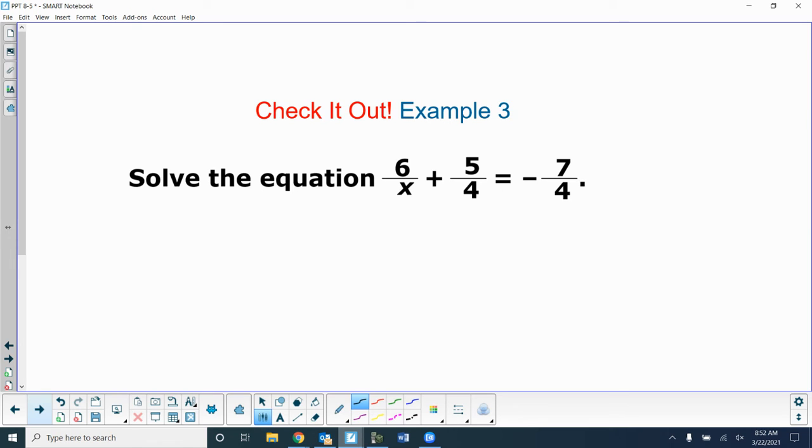Okay, so what's the common denominator? 4x. Now, Danny asked this, can he take this over there since they're the same denominator? And the answer is yes. Okay, so if you wanted to, there's two ways to do this.